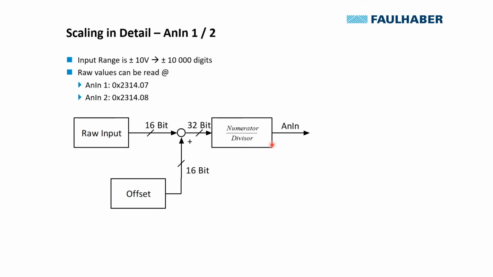First, there's the offset that we have to subtract from the raw input, and then the gain out of the numerator and divisor. That's because you might want to have a non-integer scaling, but these two parameters are integer only. So if you want to have something like 2.5, you would have to select appropriate parameters to end up with the resulting gain.